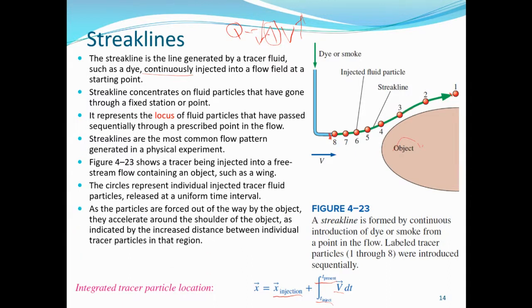As the particles are forced out of the way by the object, they accelerate, as mentioned, around the shoulder of the object, as indicated by the increased distance between individual tracer particles in that region. A streak line is formed by connecting all the circles into a smooth curve.